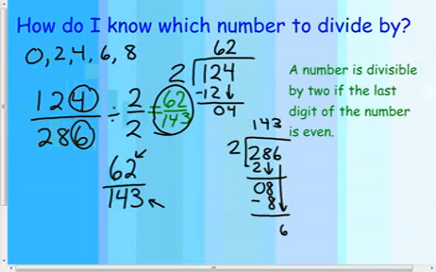So I might have to look at some of my other rules. But because it isn't divisible by 2, it is not divisible by 4, 6, or 8. It's not divisible by any even number. Because if it's divisible by any other even number, it also has to be divisible by 2. So when you see an odd number, you don't have to worry about 2, 4, 6, 8, 10, 12, 14.